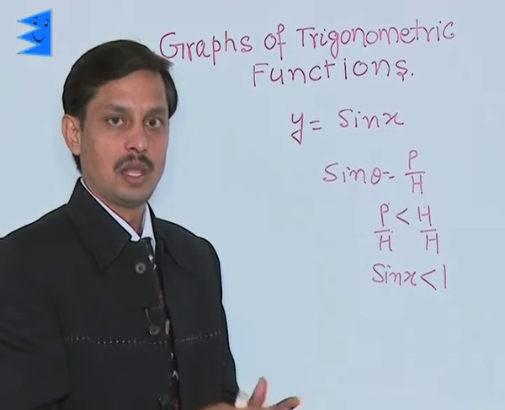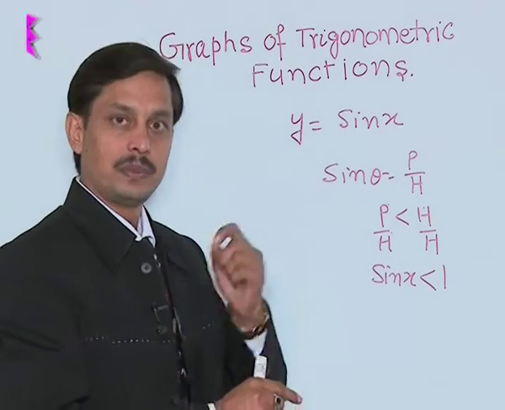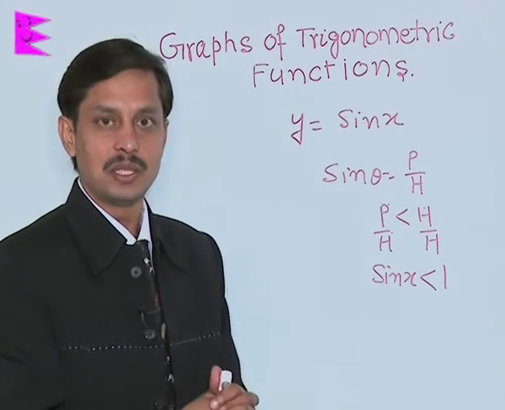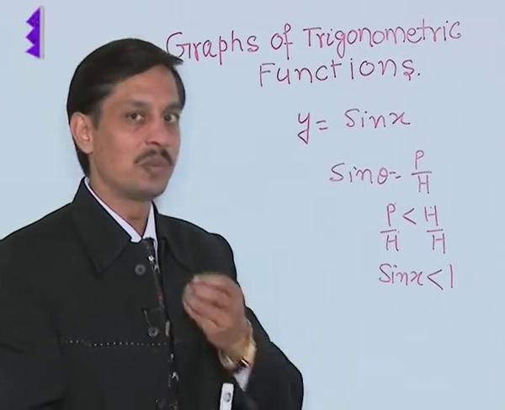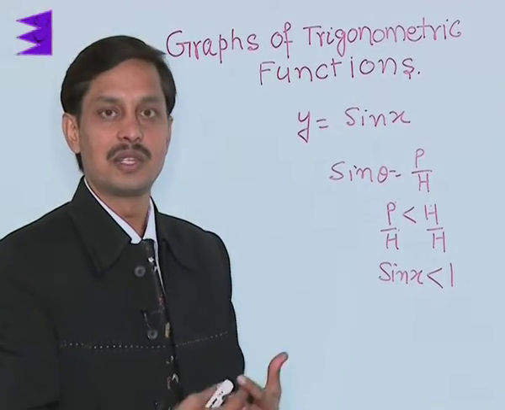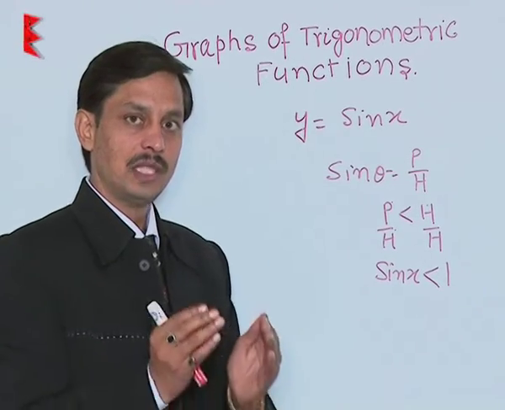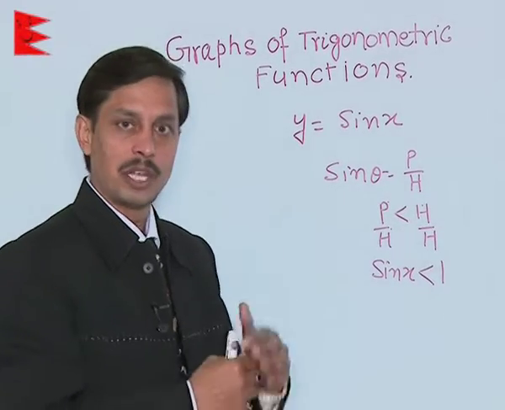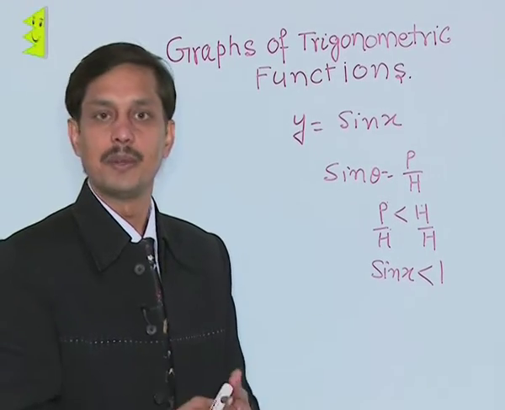In the previous lesson, I told you in the chapter trigonometric functions, as and when we move in the quadrants, the values of the trigonometric function sine gets changed. In first and second quadrant, the value of the sine function is positive. Third and fourth quadrant, the value of the sine function is negative.